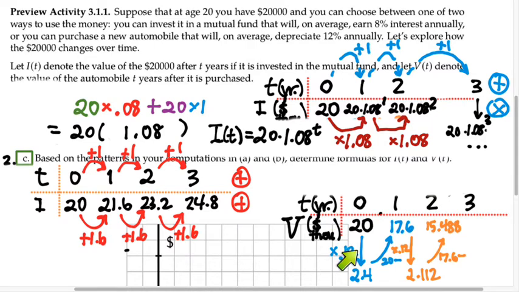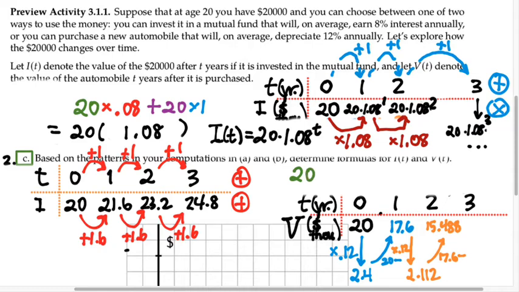Okay, and then just to finish this last example, what's different if I try to find a formula for this function instead? I'm multiplying by 0.12, but then I'm subtracting. You're going to want to take it away from 1.